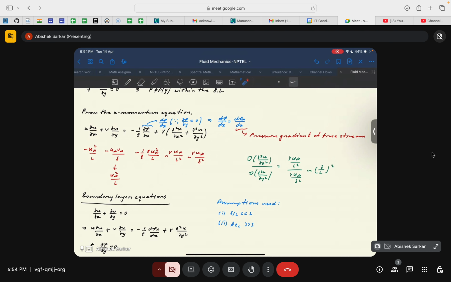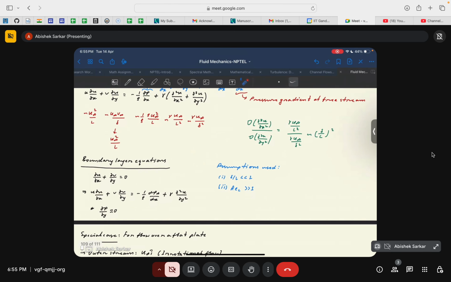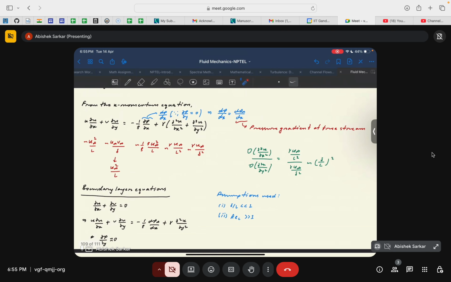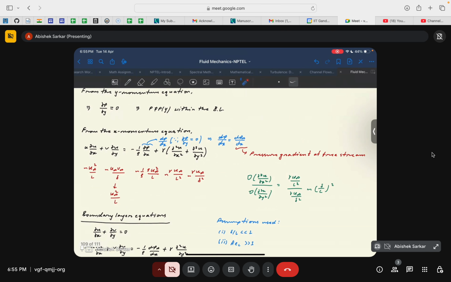And also mathematically, if you do the order of magnitude analysis, there is no clear-cut way in which you can cancel out these terms. Okay, you will not get ratios of delta by L or Re_L to cancel out accordingly. Okay, so finally, one more assumption I forgot to apply, that is the conclusion that we get from the y momentum equation.